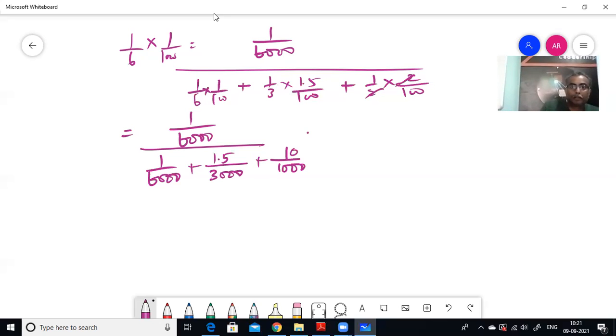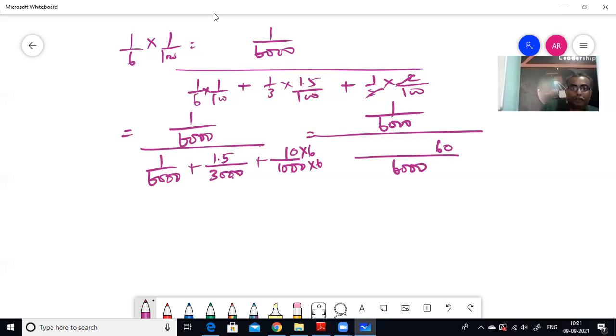You take the LCM for all this, 6,000, 3,000. Divide again by 6,000. That is 1 by 6,000 divided by 60 plus 3 plus 1, which is 64. 64 by 6,000.